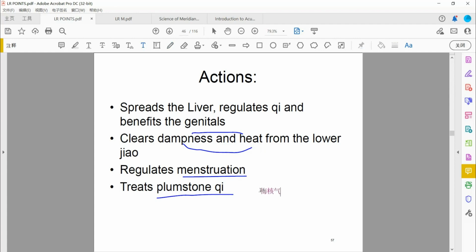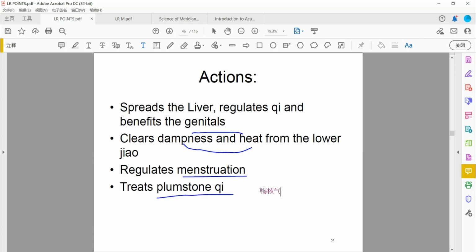This one easily happens in women, like middle-aged women. The patient will feel there's something in the throat, and she can't spit it out. She can't swallow it. It's just stuck there in the throat.